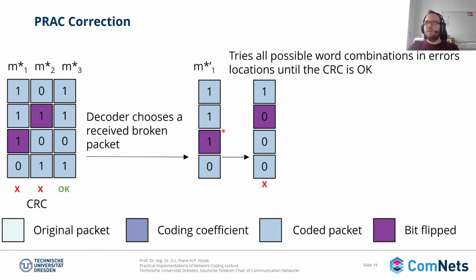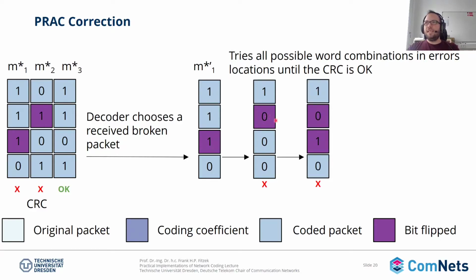So in this case, it would start, for instance, by setting all bits to 0, 0. Then it computes the CRC again. The CRC will fail. We know from our god's-eye view that it failed because this is wrong.